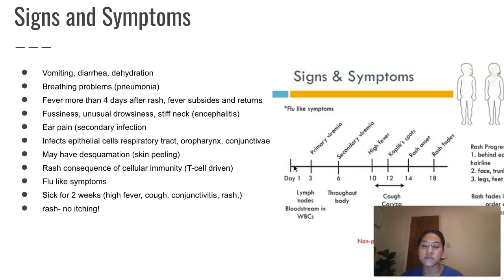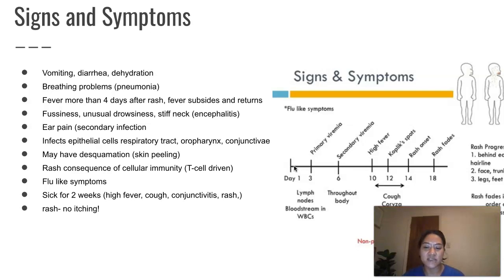Signs and symptoms. Signs and symptoms are similar to flu symptoms, which include breathing problems, fever, vomiting, diarrhea, and dehydration. It can also include ear pain and may cause skin peeling.